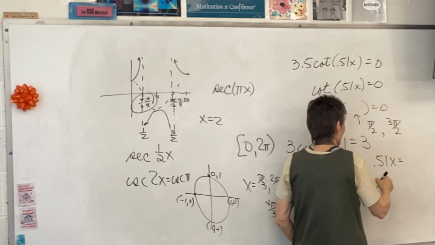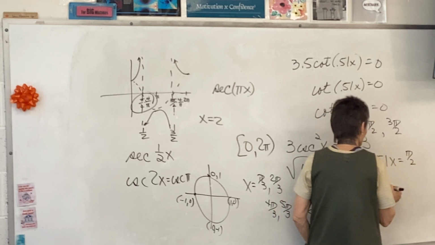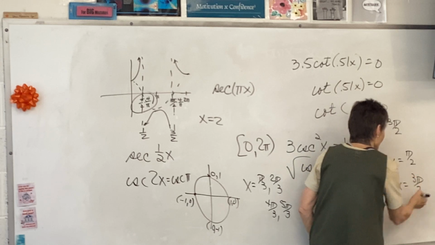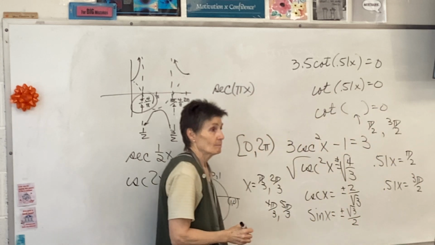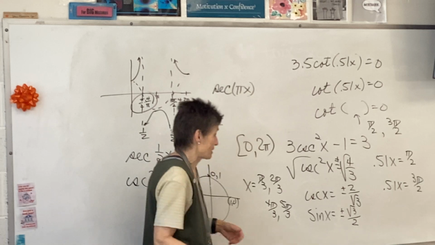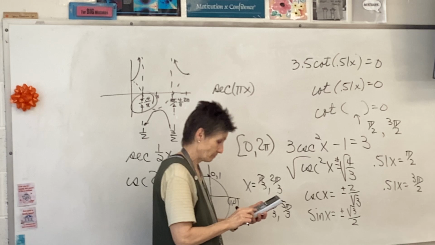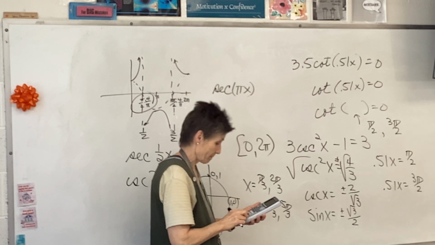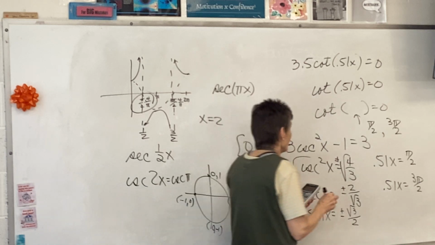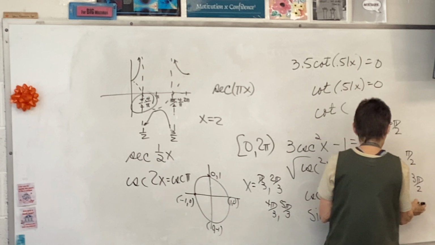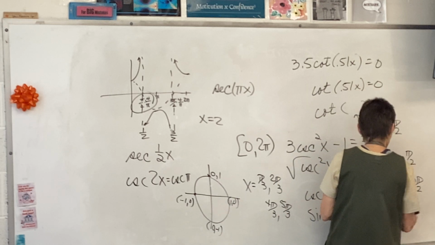So 0.51x equals pi over 2, or 0.51x equals 3 pi over 2. All right, so what are those x values? For one of them, I got 3.08 basically.